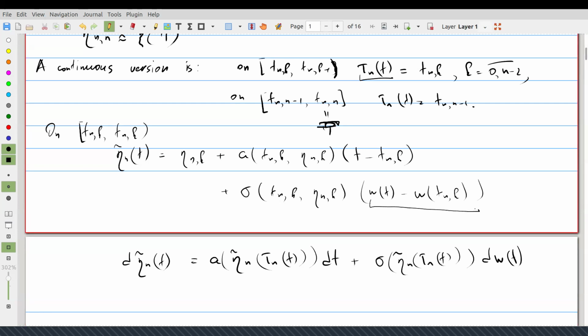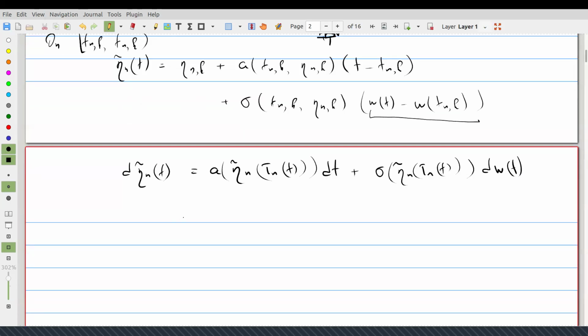You never really recover the whole trajectory of the Wiener process, but it's very useful for investigating the original scheme. And why is it useful? Because you have this differential, which provides us a possibility to use the Itô formula. In what follows, we will actually avoid using the Itô formula, but if you want proper constants in the propositions that we are going to prove, you will need it.